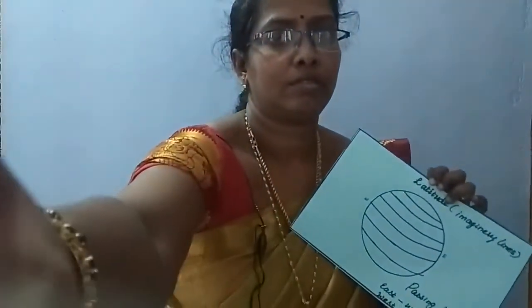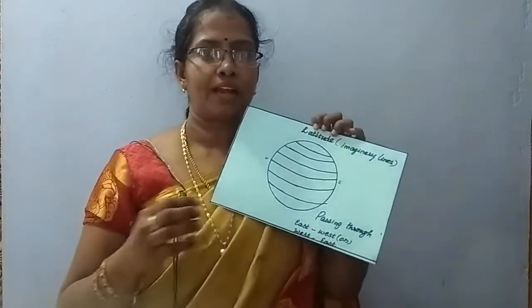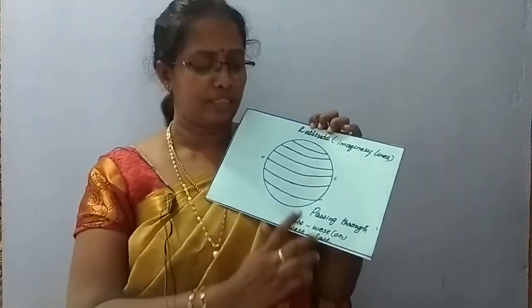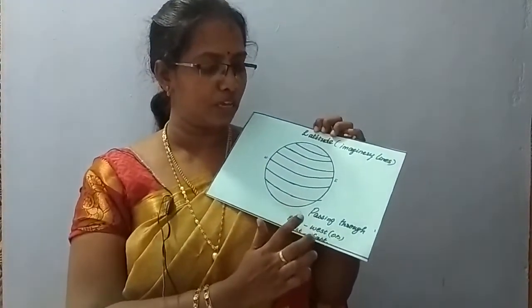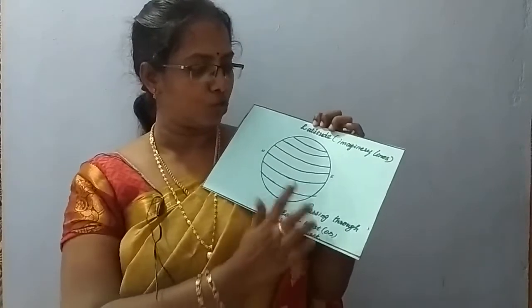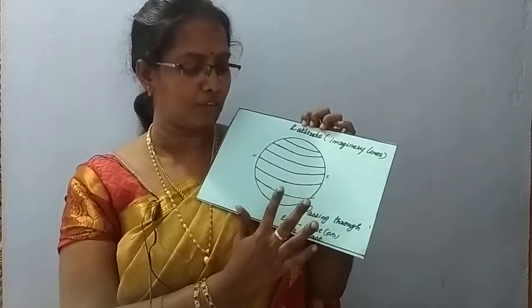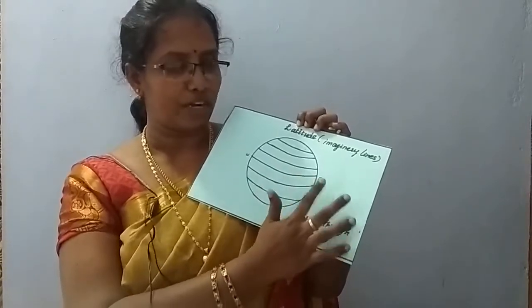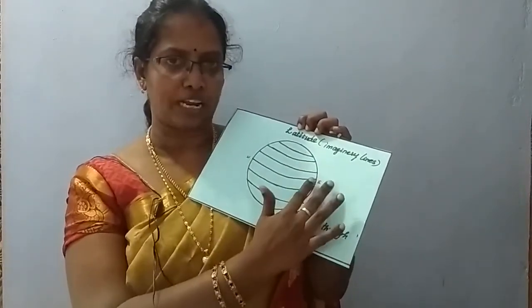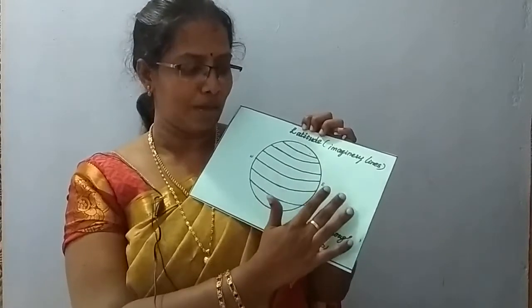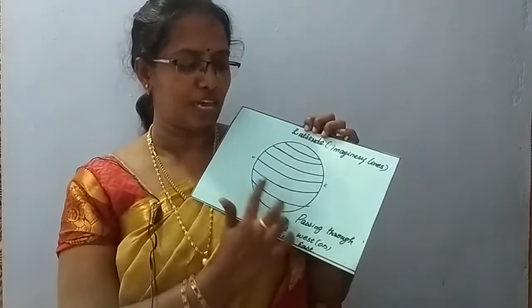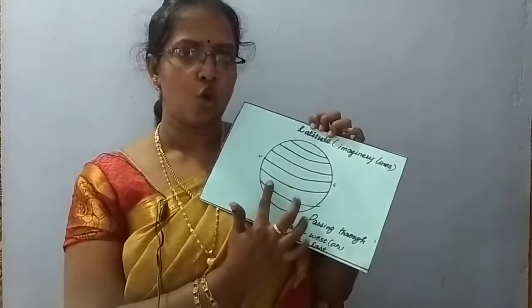So the horizontal lines are called latitude lines, imaginary lines passing through west to east and east to west.